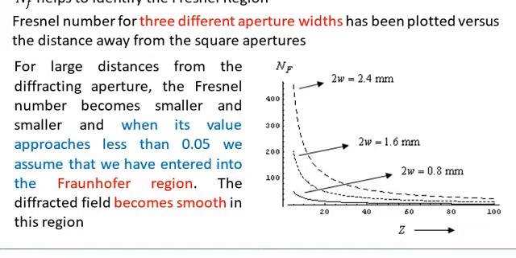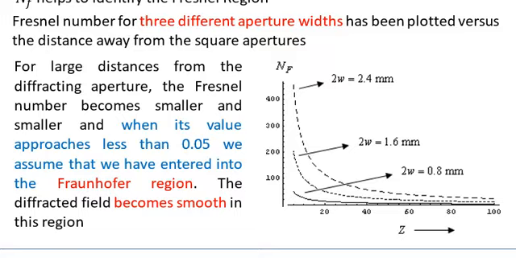What we have learned from this figure is that for large distances from the diffracting aperture, the Fresnel number becomes smaller and smaller, and when its value approaches less than 0.05, we assume that we have entered into the Fraunhofer region. We have given the numerical value, although it is difficult to show this value on the plot.